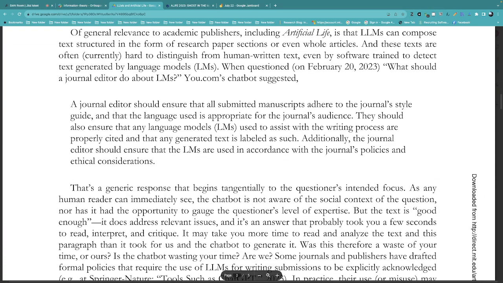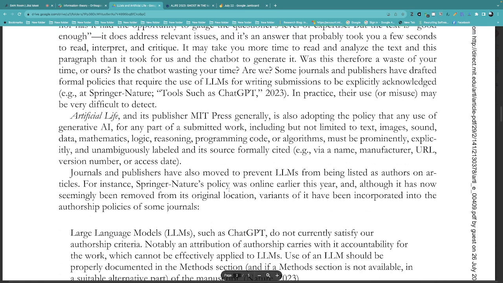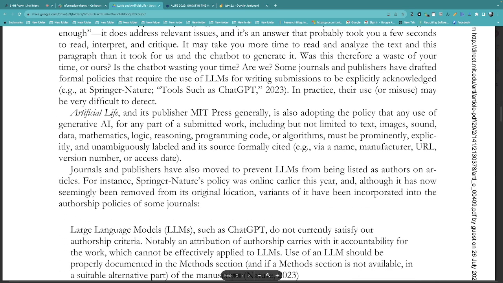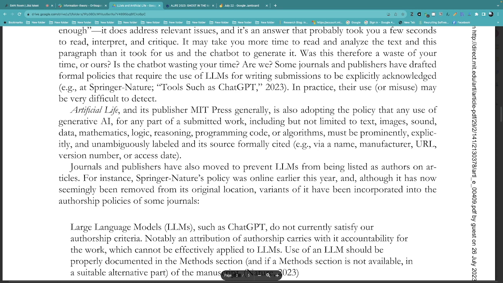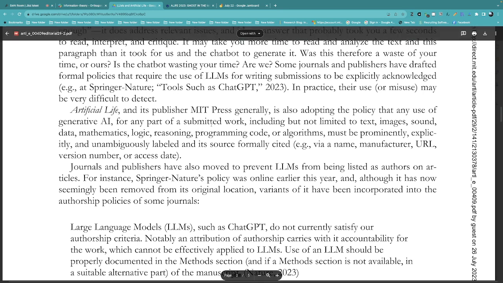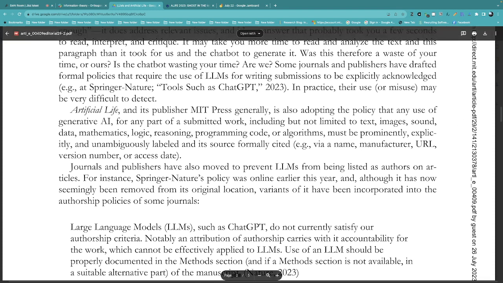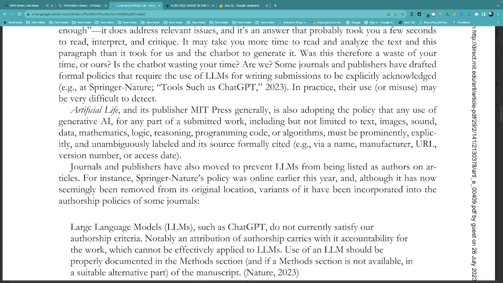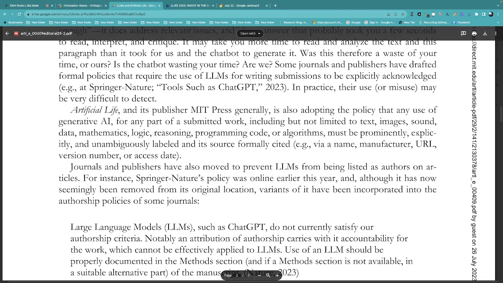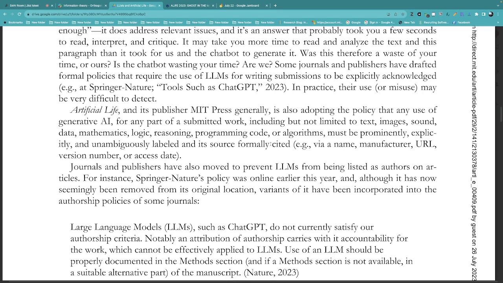So I guess, let's see what they talk about with respect to artificial life. Now they get into the journal Artificial Life, in MIT Press journals. They have a policy for generative AI. Any use of generative AI for any part of a submitted work, including but not limited to text, images, sound, data, mathematics, logic, reasoning, programming, or algorithms, must be prominently, explicitly, and unambiguously labeled and its source formally cited.